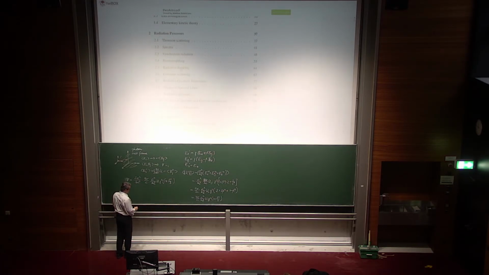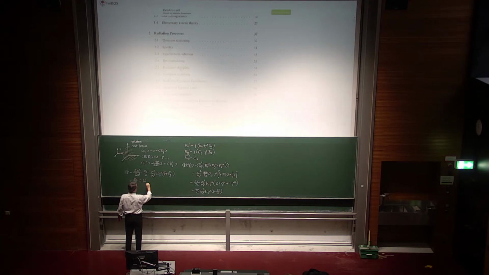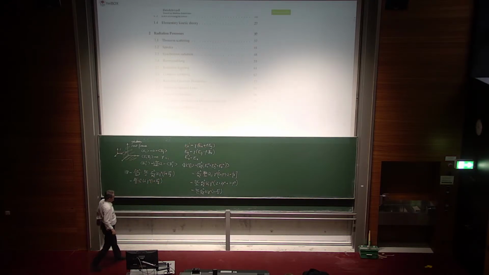Now you see very beautifully, this gives us a factor of 8 pi over 3 times the classical electron radius squared times the energy density times gamma squared times 1 plus beta squared over 3.